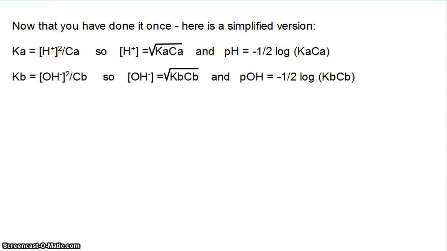These ICE tables that we'll be doing, the way you do it is the same way every single time for an acid or base. So rather than working through an ICE table every time, you can just come up with these equations, and we'll show you how to use these. It gives us a handy way of going from knowing the concentration of a weak acid to knowing its pH, and knowing the concentration of a weak base to knowing its pH.